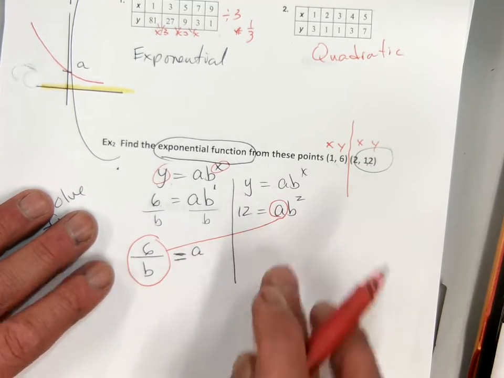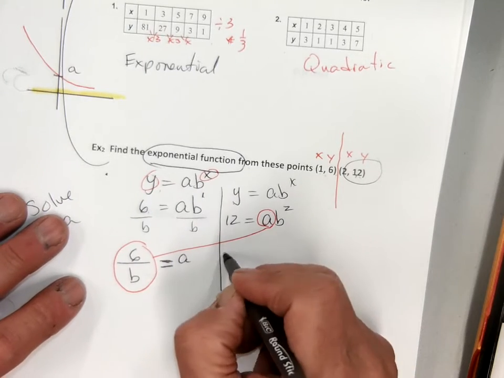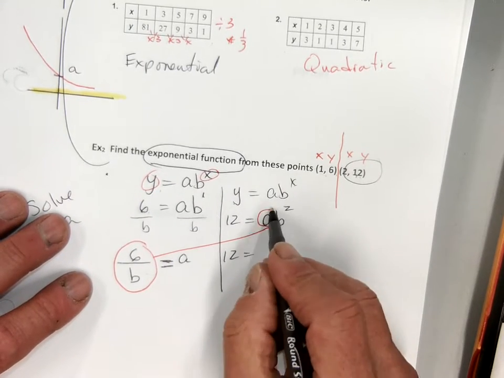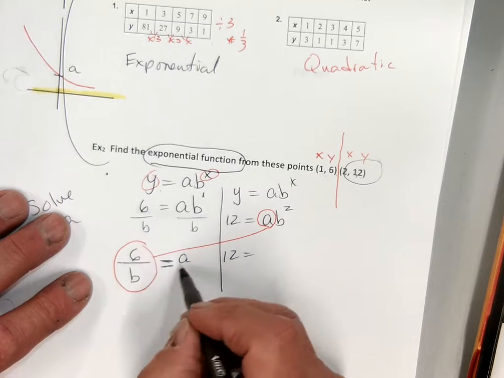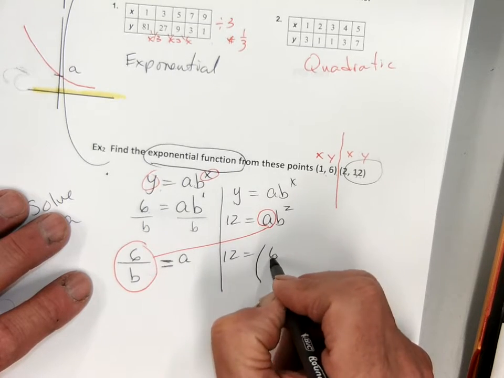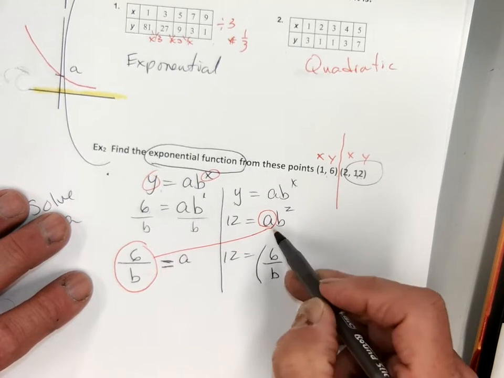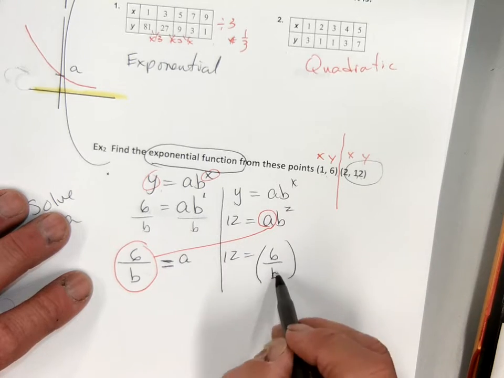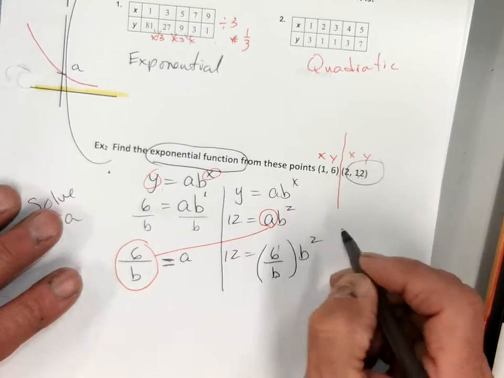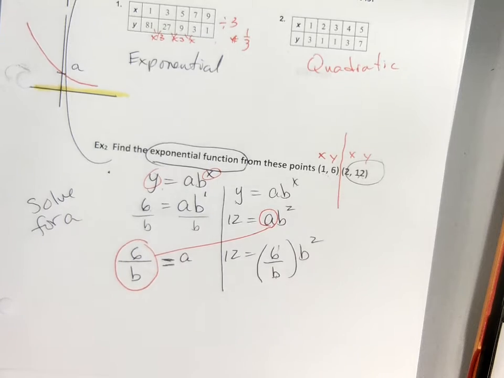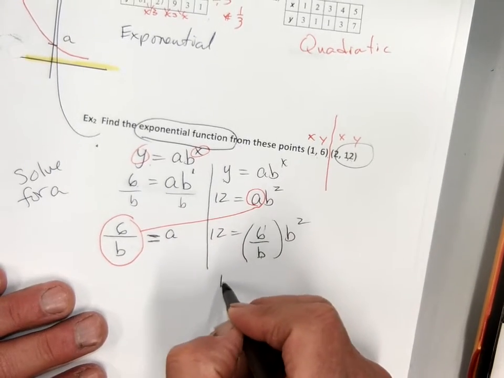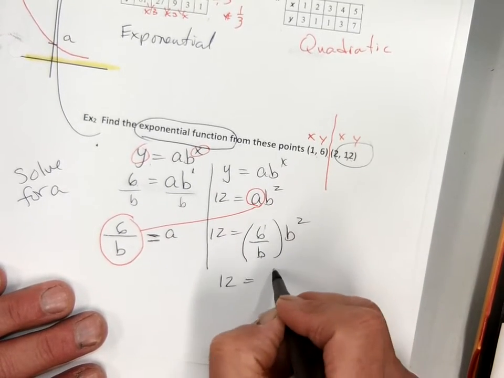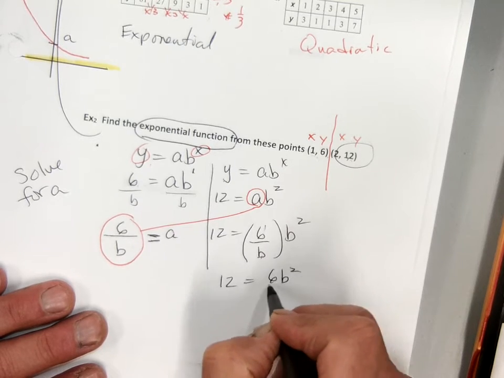So I'm going to rewrite equation 2. My second equation is 12 equals, not a, but what a is equal to, which is 6 over b, times my b squared. Okay, now I've got something I can solve for. Let's see, I've got 12 equals 6b squared over b.